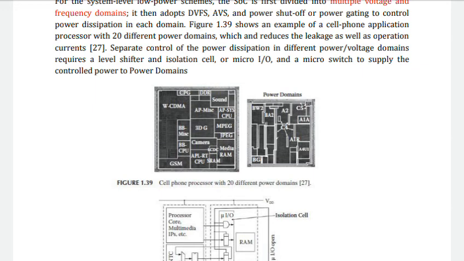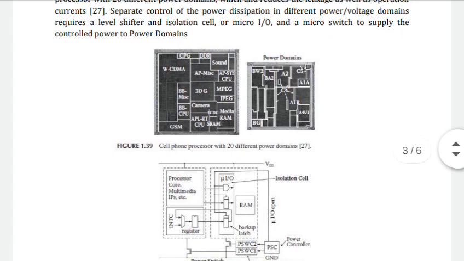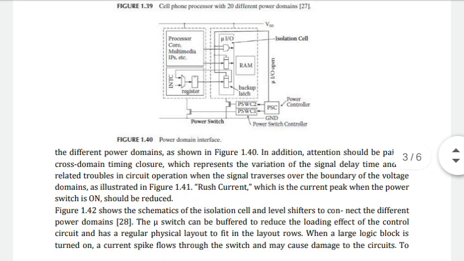Okay. So the separate control of the power dissipation at different power voltage levels requires a level shifter and isolation cell, or micro input output and a micro switch, to supply the controlled power to the power domains. The interface between the different power domains is shown in this figure.